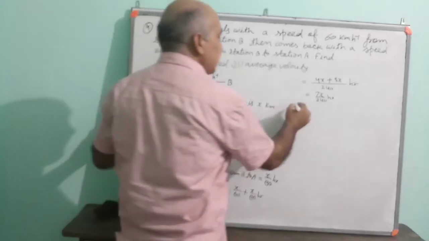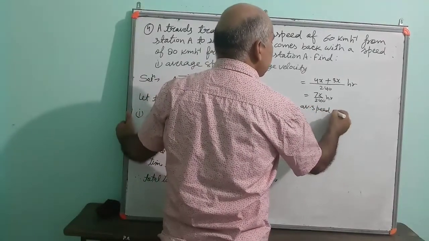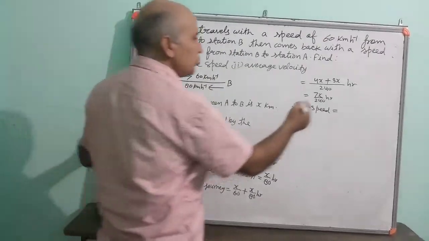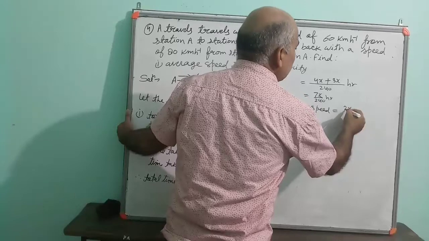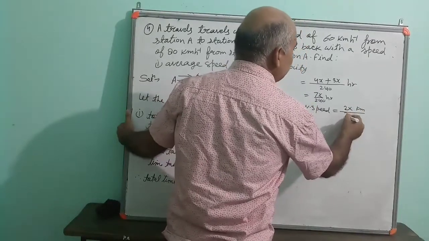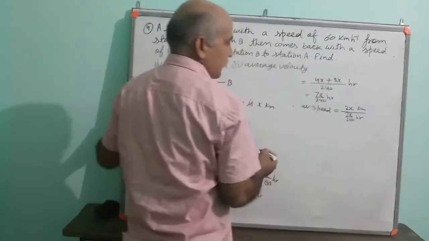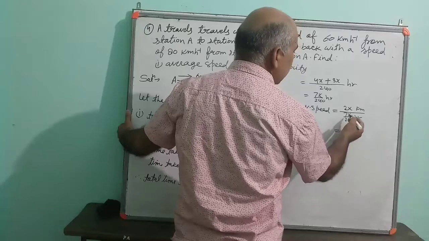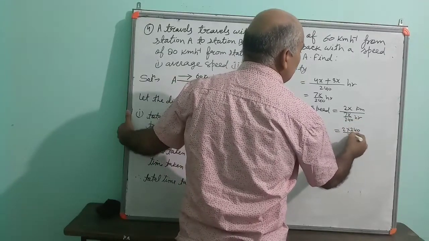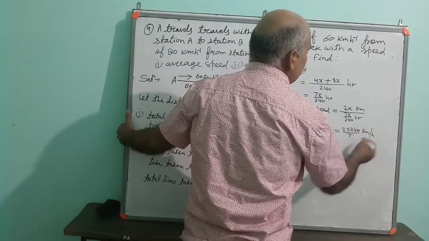Now find the average speed. Therefore, average speed is equal to, what is the formula? Total distance upon total time. Total distance is 2x kilometer and total time is 7x upon 240 hours. Okay, now solve this one. x to x is cancelled. 2 into 240 upon 7 kilometer per hour.